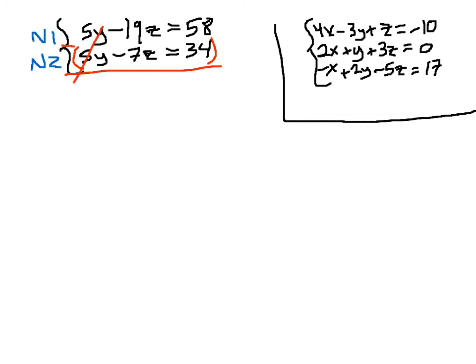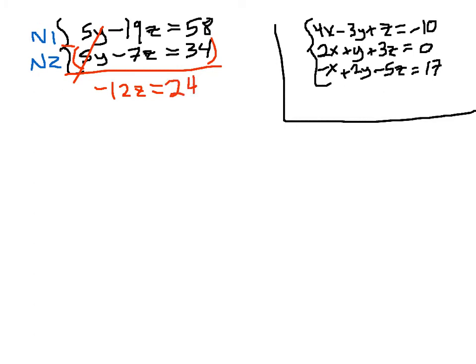I'll have negative 19 minus 7z. So that's going to turn into a plus 7z because a negative 19 minus negative 7 becomes a positive 7. This will be a negative 12z. And on the right-hand side, 58 minus 34, that's 24.